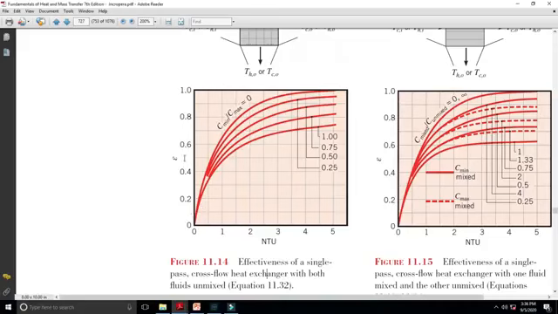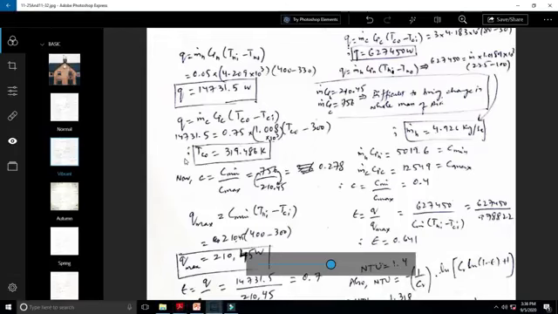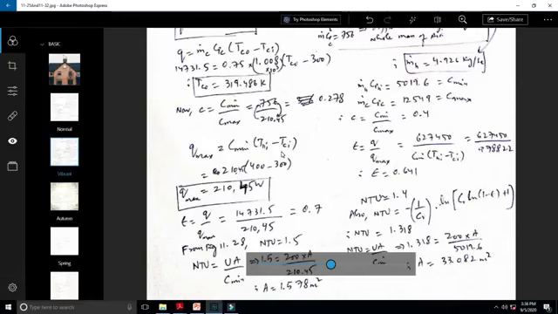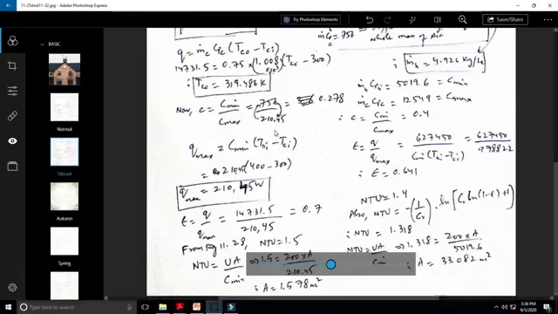The last thing that we need to find is the value of effectiveness. Effectiveness, as discussed in the theoretical part, was the ratio of the actual heat transfer rate to the maximum heat transfer rate, Q over Qmax, and Qmax was evaluated using Cmin times this delta T, because this delta T would be the maximum. This is the delta T of the maximum temperature out of the 4 and the minimum temperature out of the 4. So Cmin is 210.45, and then THI is 400 and TCI is 300.